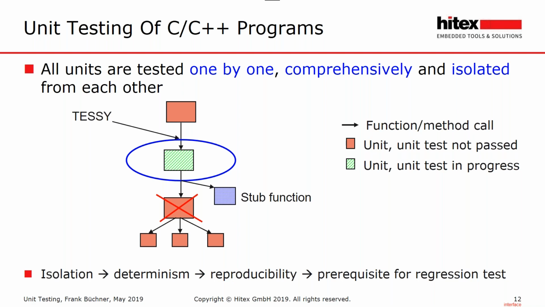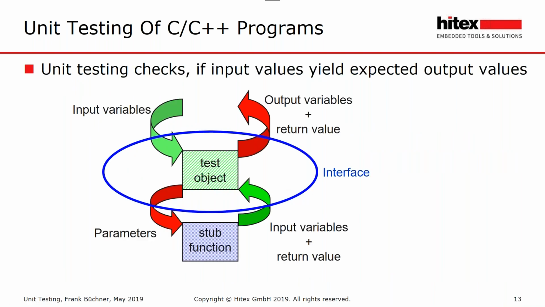The blue line, which is depicted here, is called the interface, and the next page gives you a more detailed look at the interface. You see here in the upper part that the interface consists of the input variables, that's variables that are read by the test object, and it consists of the output variables, that's variables that are written by the test object.